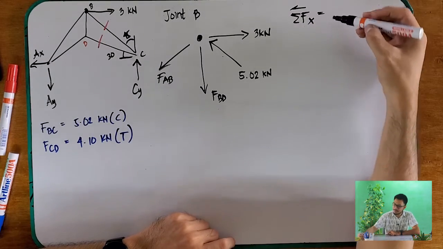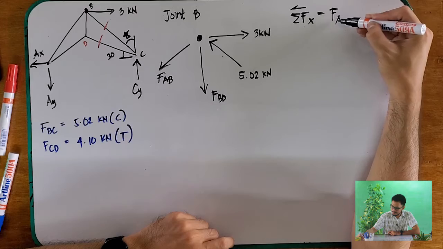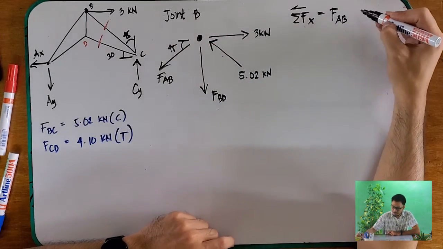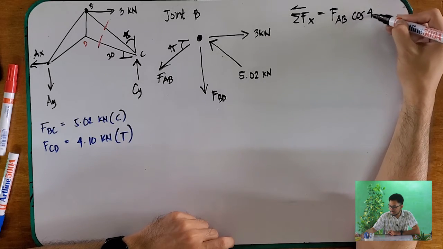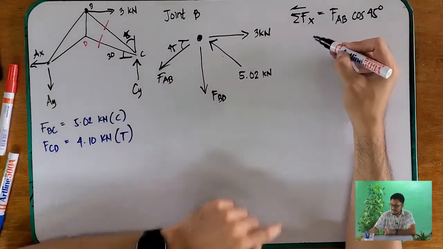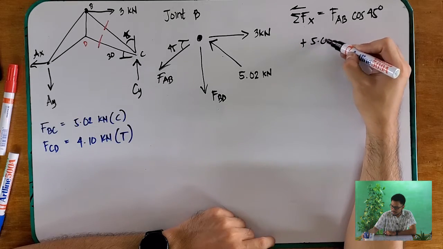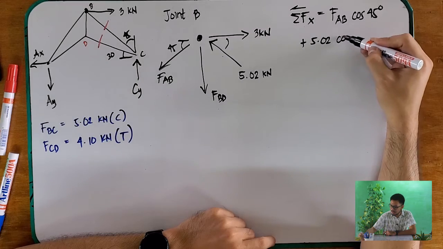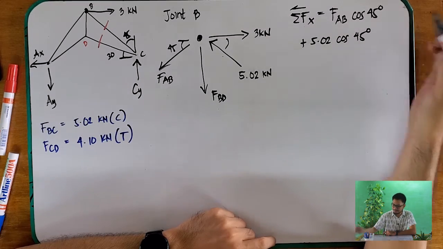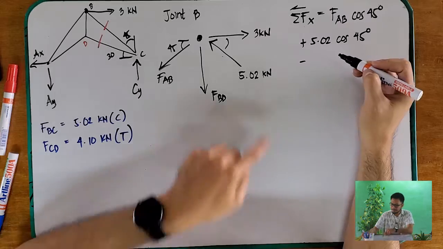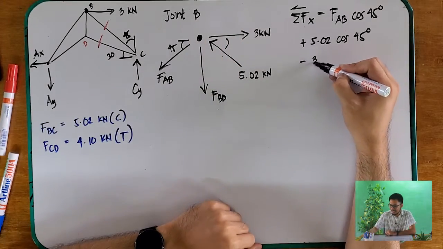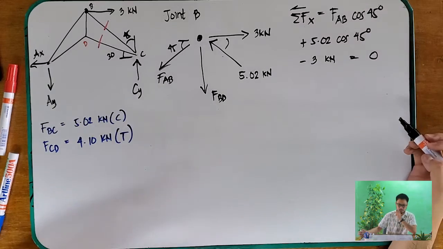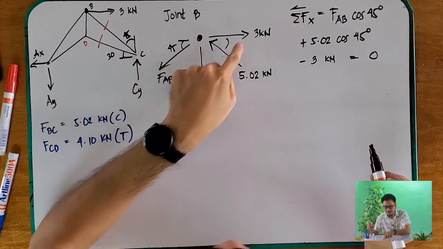Okay? So that is FAB, and this is 45 degrees. Therefore, FAB cosine of 45 degrees plus 5.02 cosine of 45 degrees, this is still 45 degrees, minus, because that is going to the right, 3 kilonewtons is equal to 0. Direction of our forces is very important.